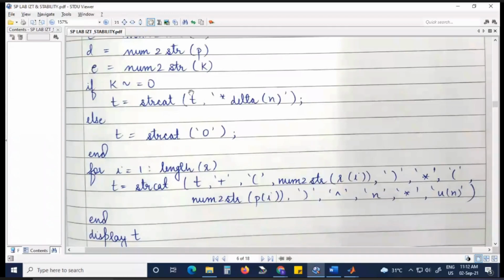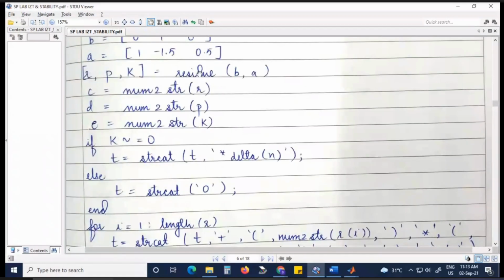Not t, it is k. String cat means two strings will be concatenated. One string is k, generated from the residue with this k value. So if some constant is created, it will be multiplied with delta n.